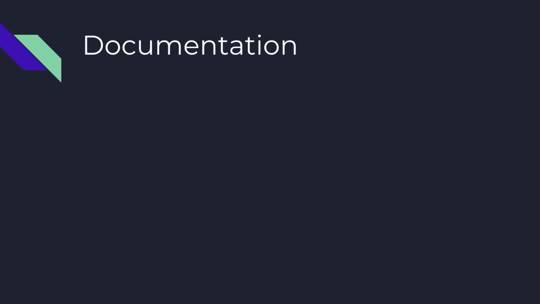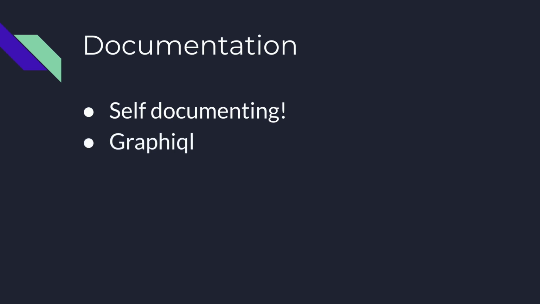Documentation is, I think, a piece of software development that no one likes to do, including me. I just want to write code. The best part is GraphQL is self-documenting. You write code and deploy it, and there are various tools available. You can attach middlewares, things like that, and you can play around with the schema.